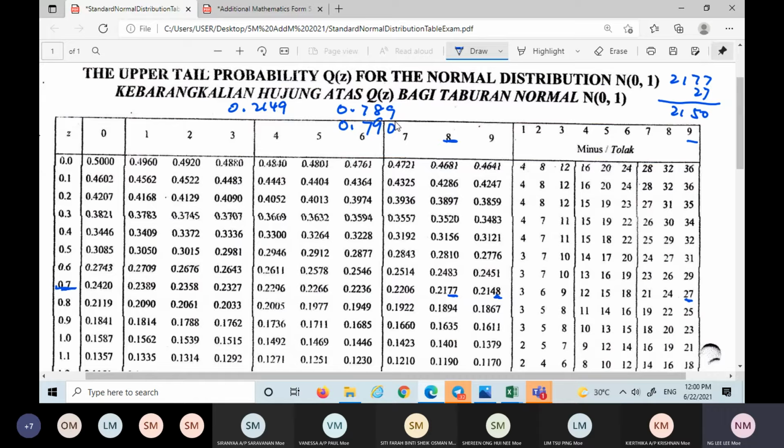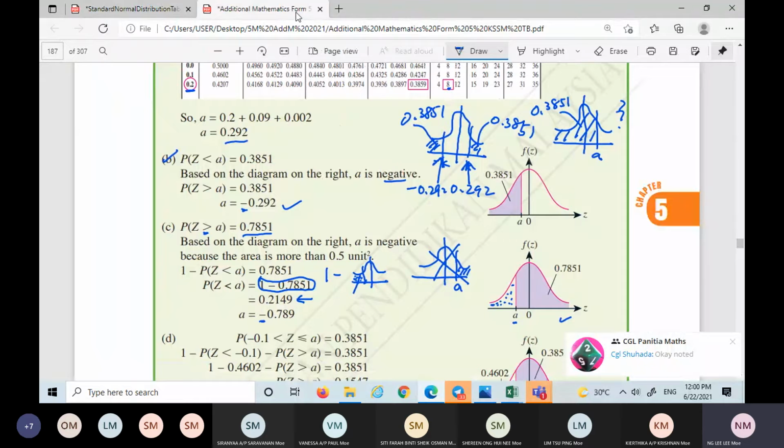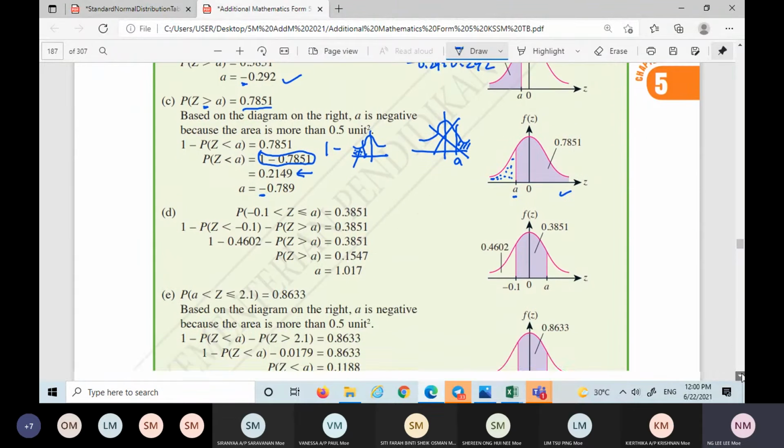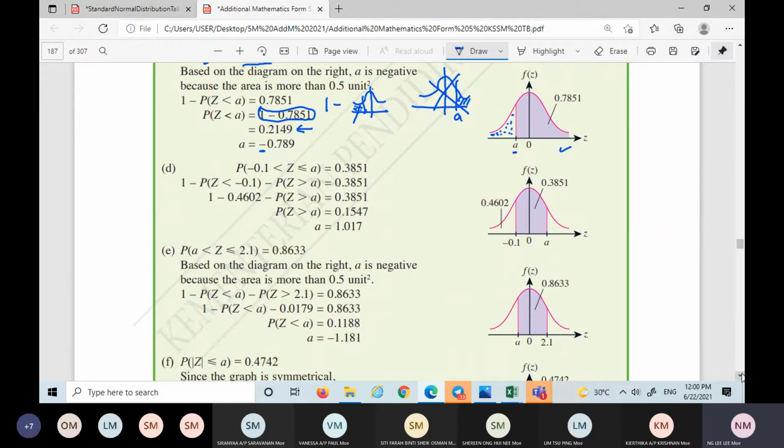I don't want that. The answer in the book is 0.789, but actually you can accept both. So I come back to the book. The answer here is 0.789. But you see, remember the negative.